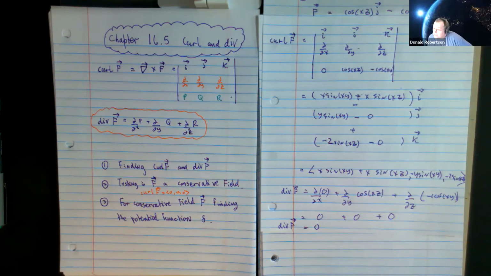So evidently that's important, that if the div is 0, you've got an incompressible fluid, which I think means, only by its name, not because I'm into physics, that if you've got a tank of water and you try to squeeze it, it doesn't happen very easily. You agree? It can't be compressed easily, right?